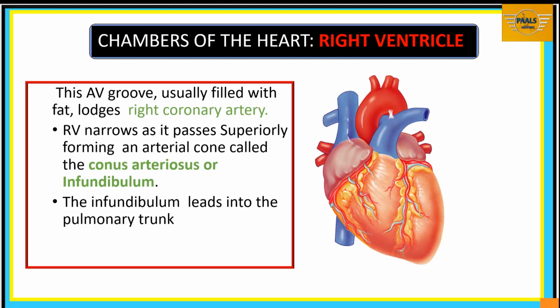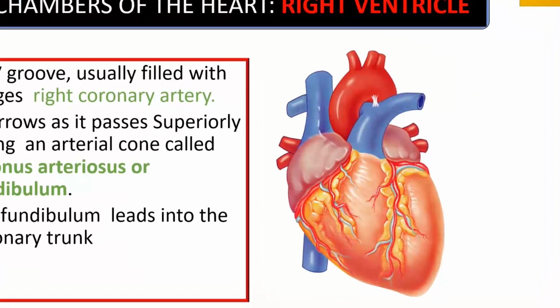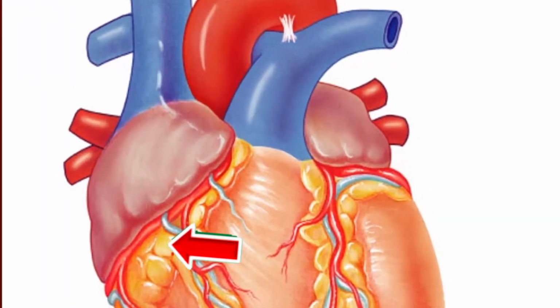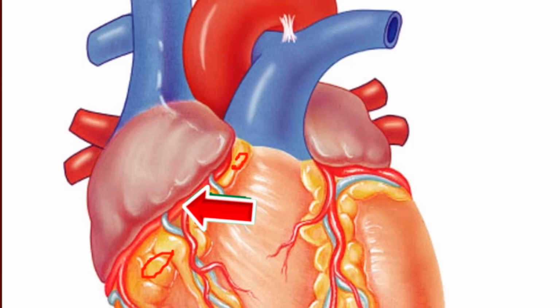Now this groove is usually filled with fat. We can see some fat particles within the groove, the atrioventricular groove, but the major occupant of this groove is the structure called the right coronary artery. This is a right coronary artery that is lodged in the right coronary sulcus.